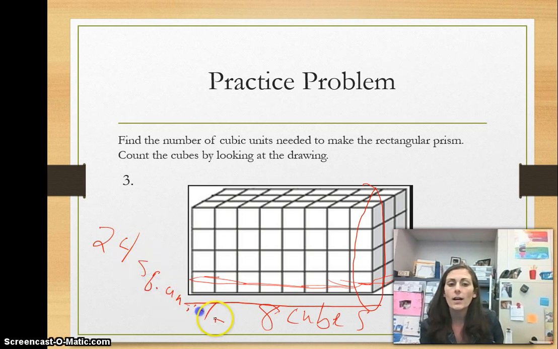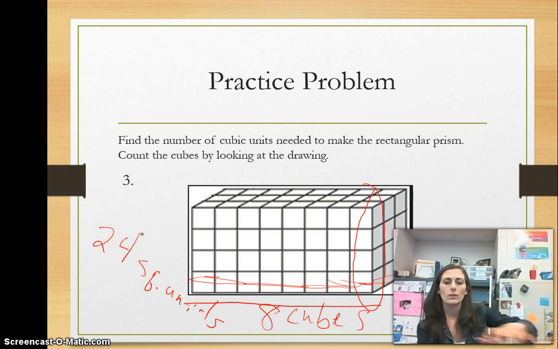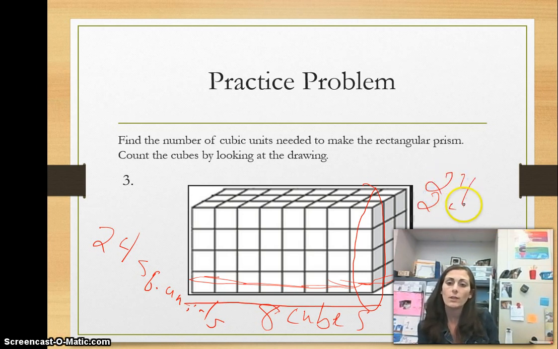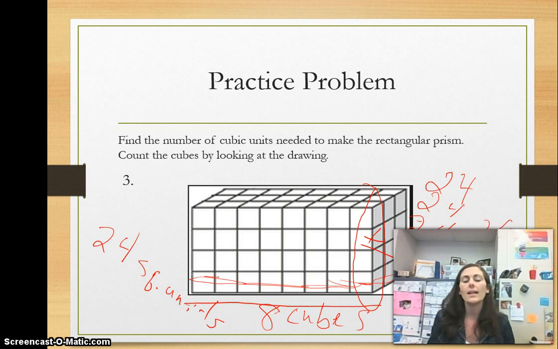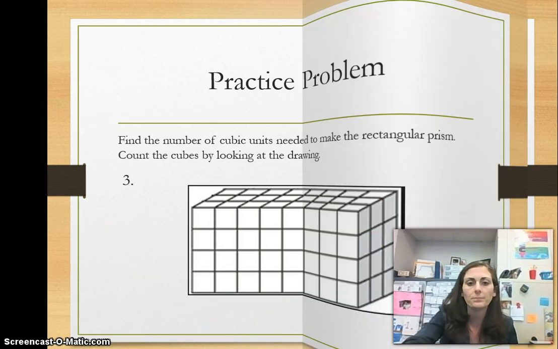But now we're going to find the volume by calculating the height then. 1, 2, 3, 4. So you're going to have 4 layers of 24. So you can add 24 plus 24 plus 24 plus 24. Or simple and easy, you should have taken 24 times 4, and you would have gotten the 96 cubic units.